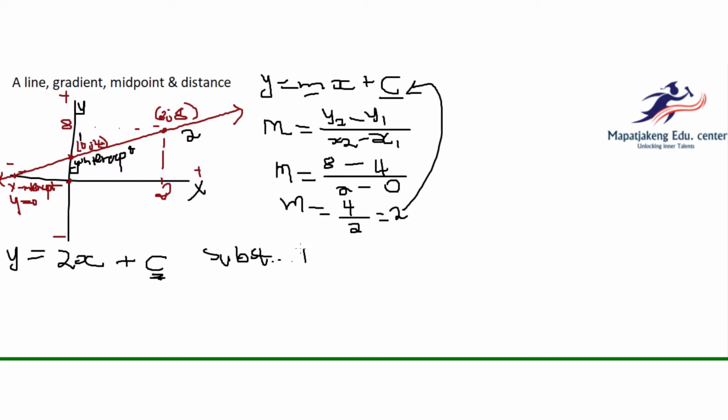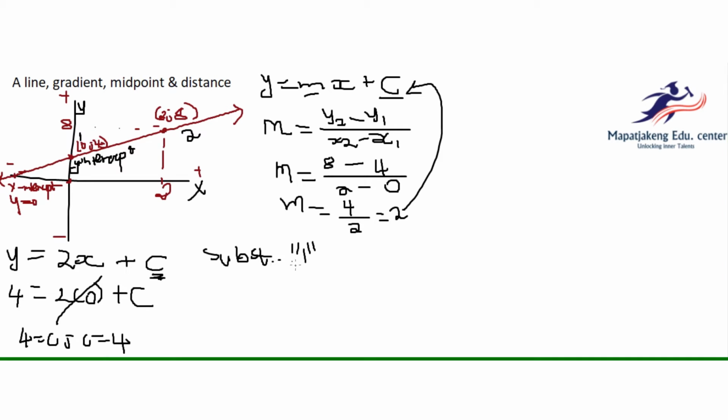Let's substitute point 1. The y of point 1 is 4, and then x of it is 0. Then this gives us c. This becomes 0, therefore 4 is equal to c. Or we can just say c is equal to 4.